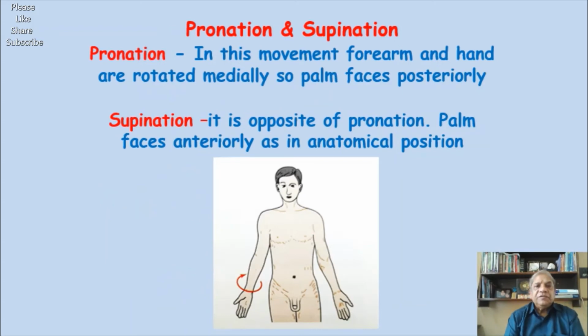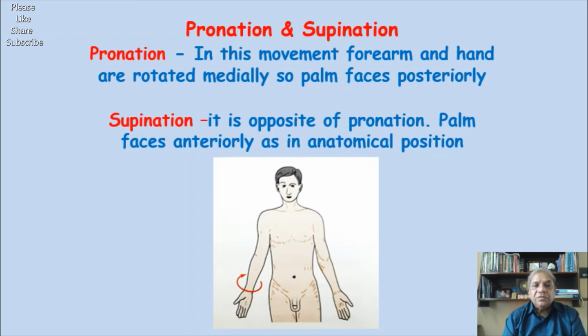Let us come to one more term, pronation and supination. This is important. What is pronation? Again, stand in anatomical position. The forearm and hand are rotated medially, just like we have done in the medial rotation. So the palm faces completely posteriorly.